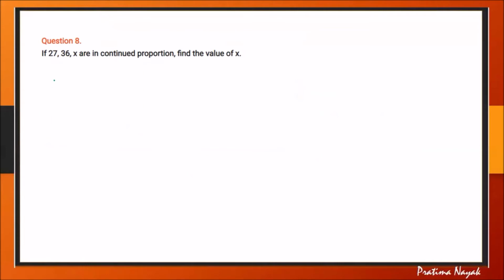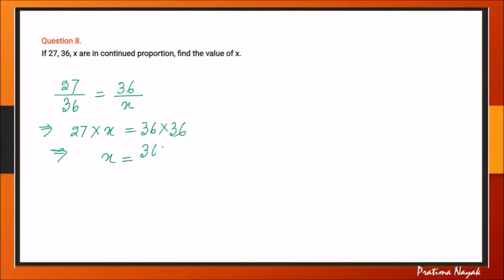So 27 ratio 36 is equal to 36 ratio x, or 27 multiplies x is equal to 36 multiplies 36, or x is equal to 36 into 36 upon 27. Are you getting any common divisor? Yes.